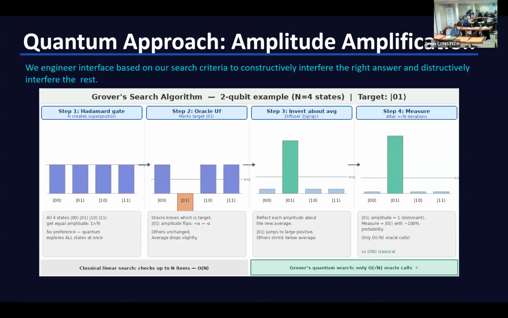So in this case, we have the maximum probability of it being there. If we repeat the same step of inverting around the average again and again, we are going to get our desired state.